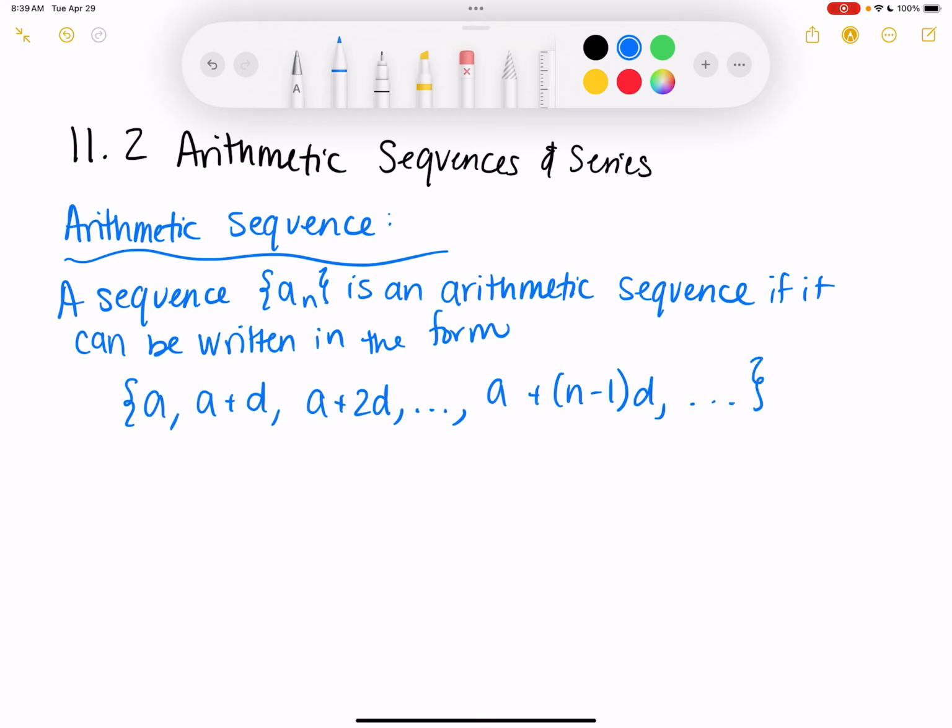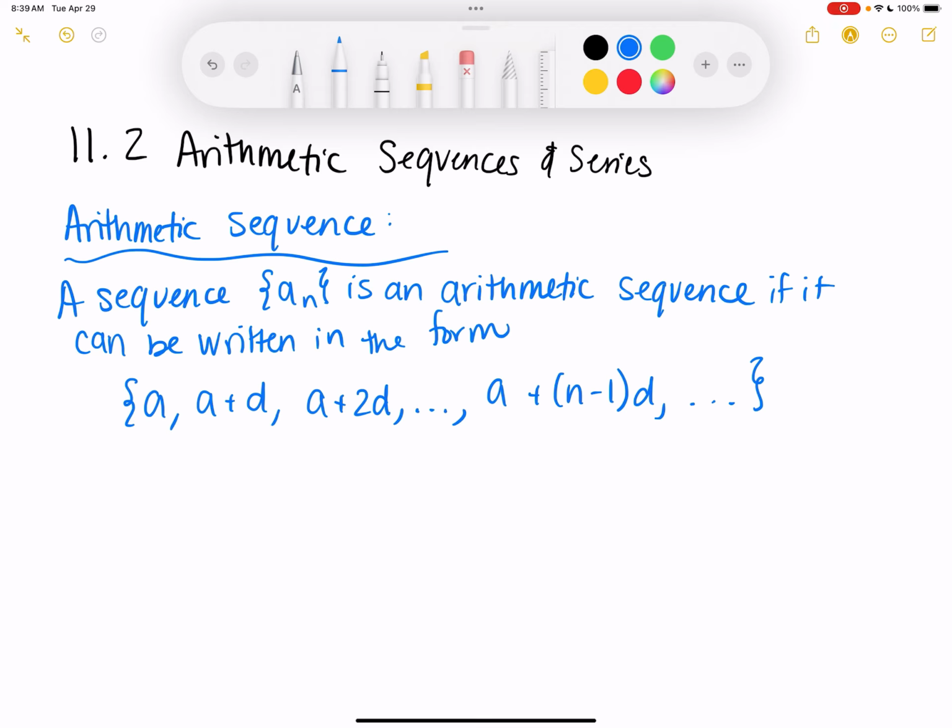So this is just the general form. So this would be like 3, then 3 plus 2, then 3 plus 2 times 2. So that would give us 3, 5, 7, and so on and so forth.